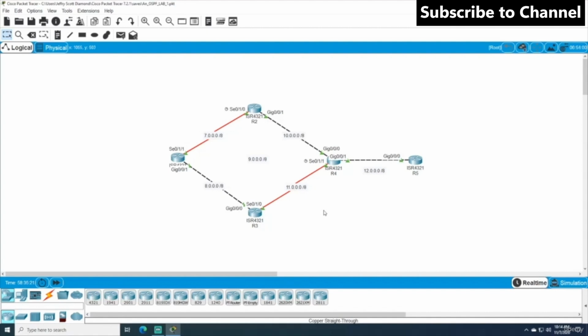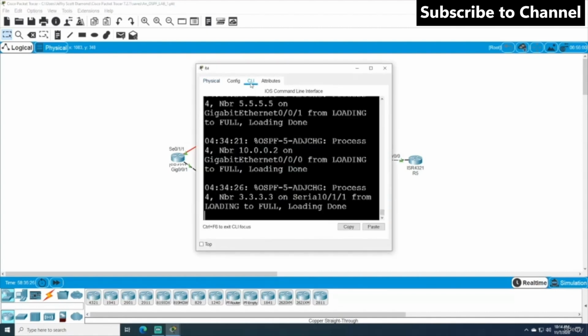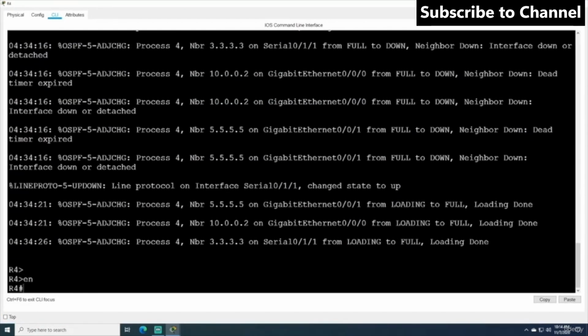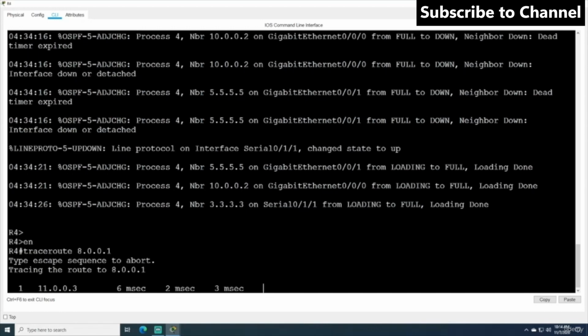Let's see what happens with router 4. We'll do a trace route to, let's do router 1, but on the 8,000 network, and see how router 4 sends traffic.